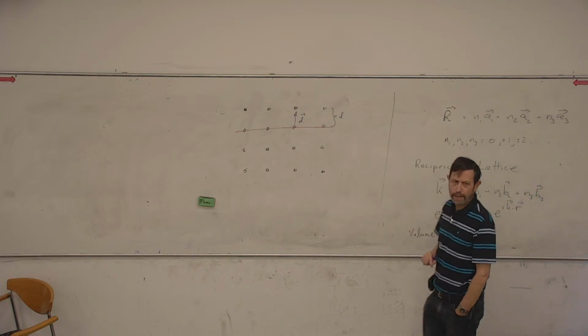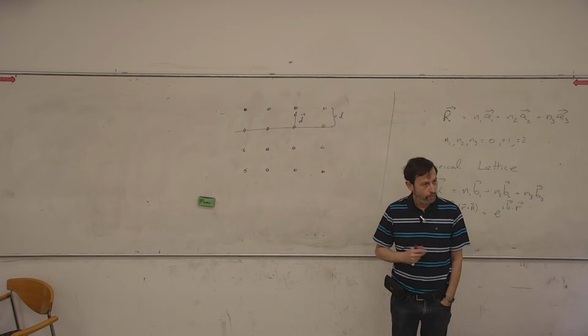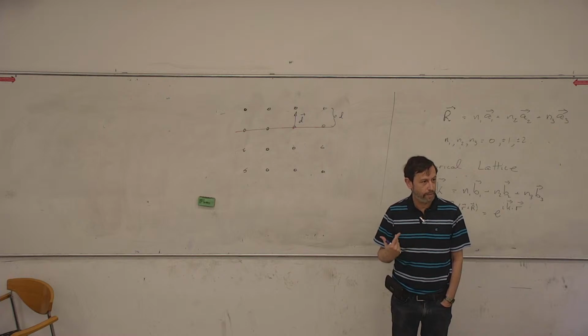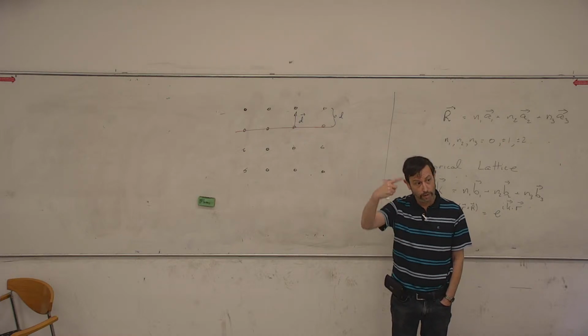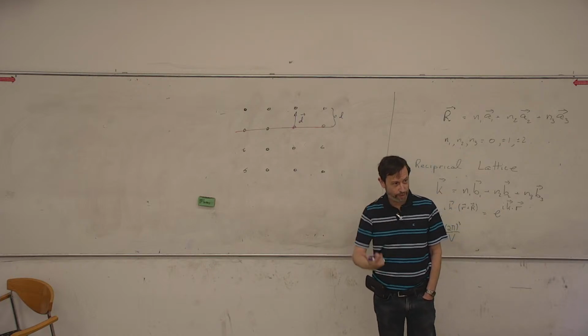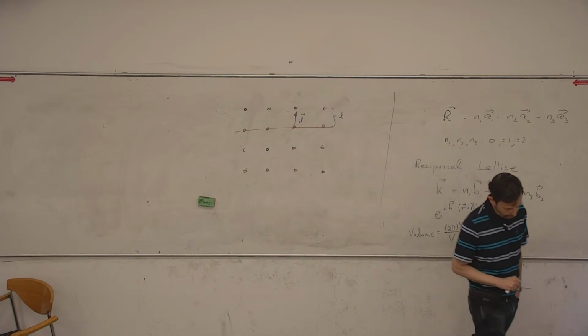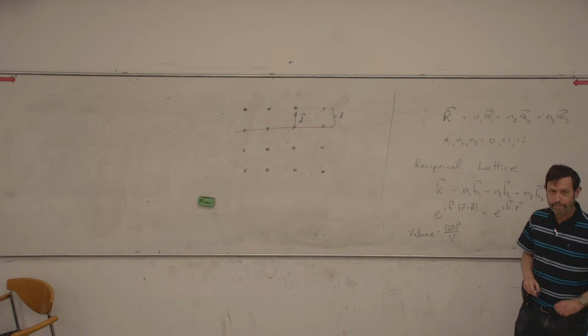Okay, but that's not so convenient. What would be the most convenient way to describe it? Because how do I get perpendicular vectors? Cross product. A cross product between 2 vectors gives me the third vector.